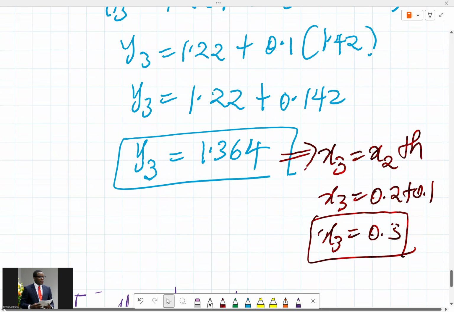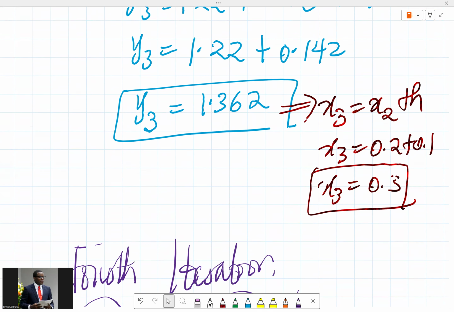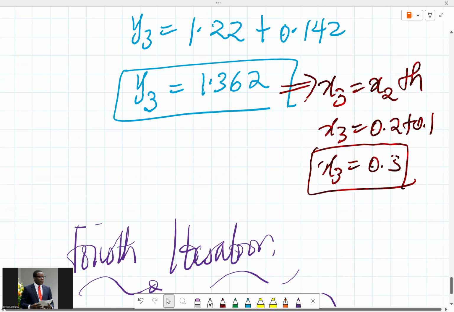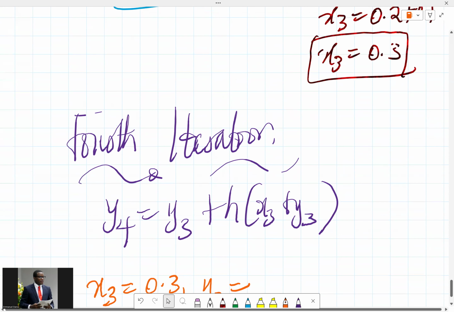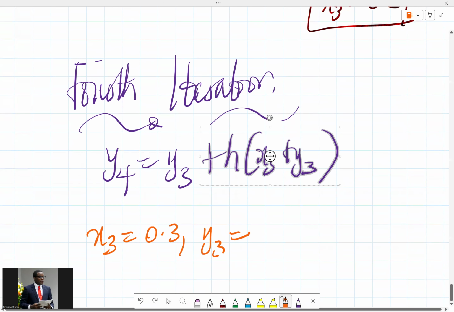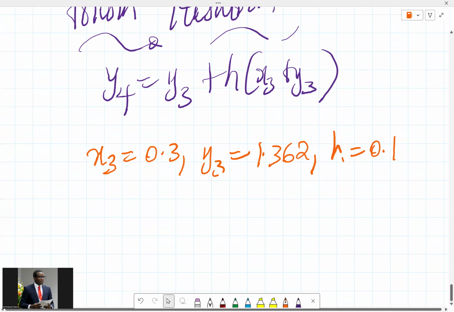It should be 1.362, sorry. That little error may not matter if you keep going, but it is going to show a little bit. So that's 1.362, not 1.364. H doesn't change, it's 0.1, the step size.